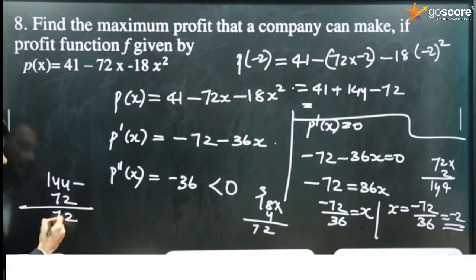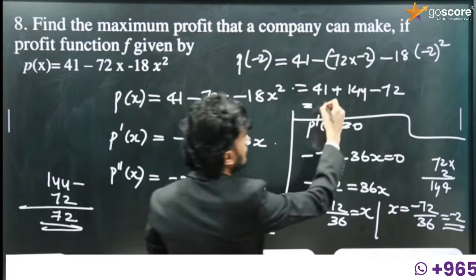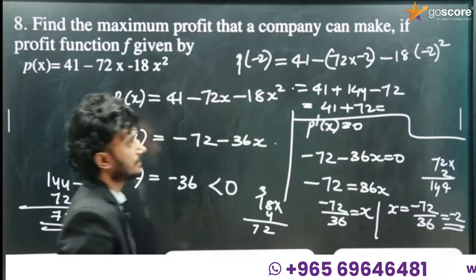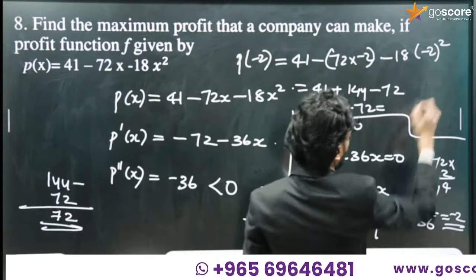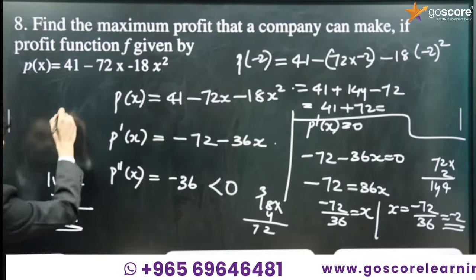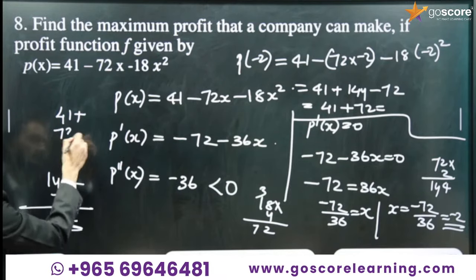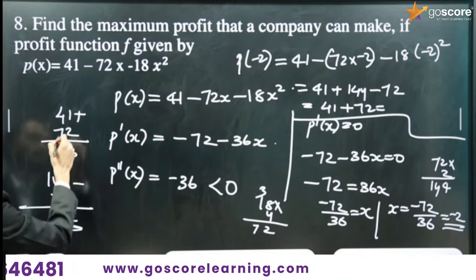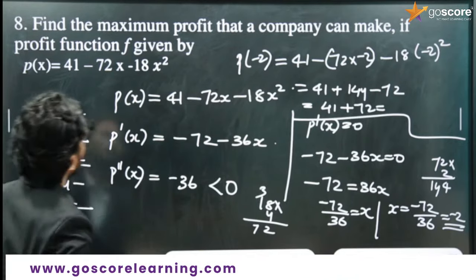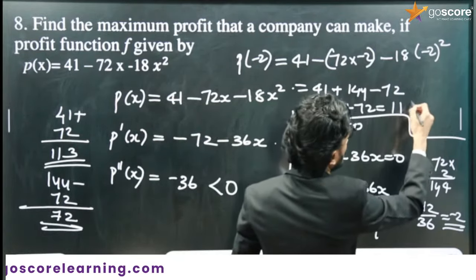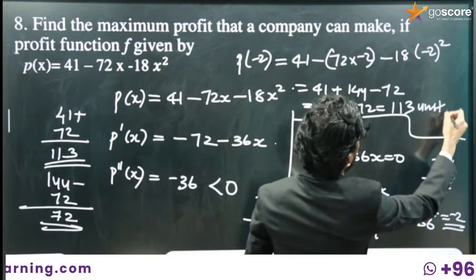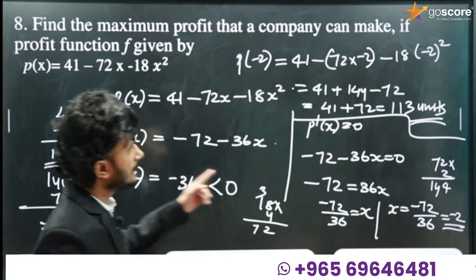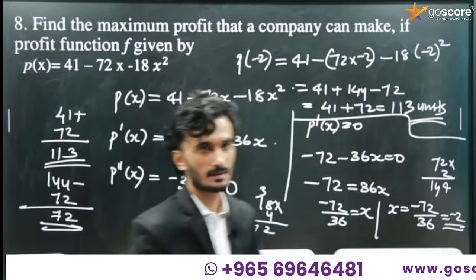Again it is 72, so 41 plus 72 is 113. Yes, it is 113 units. So based on this formula, the company can gain 113 units.